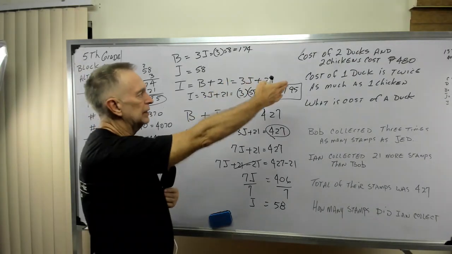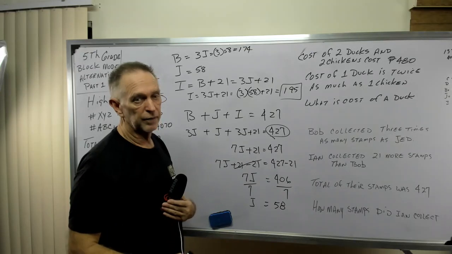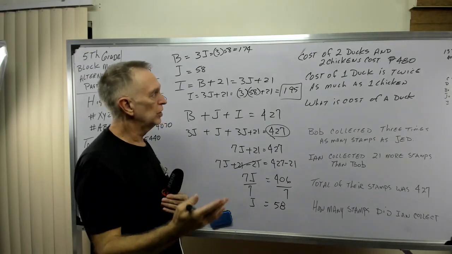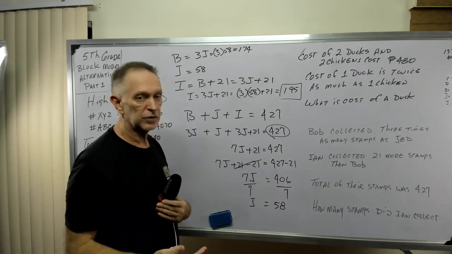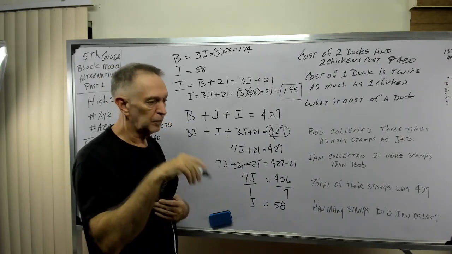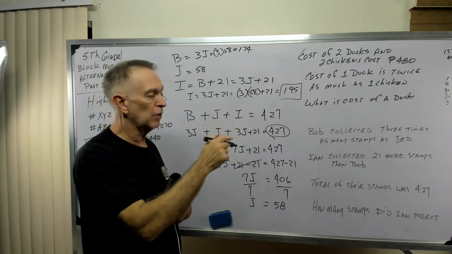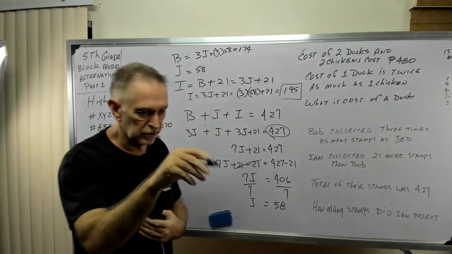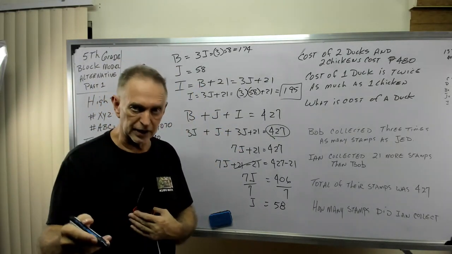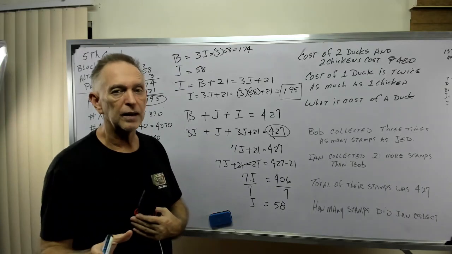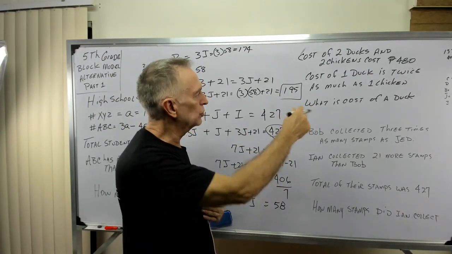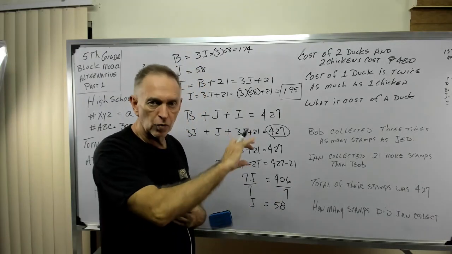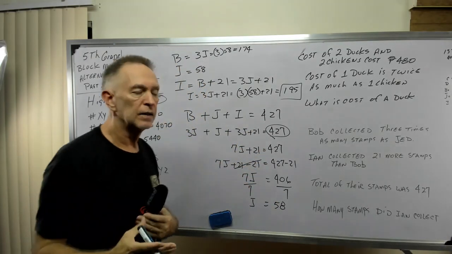In the other case, they told you what the variables were. 2 ducks plus 2 chickens cost 480 pesos. 2D plus 2C, and you could even write it out: 2 times ducks plus 2 times chickens equals 480. And then duck, D-U-C-K, equals 2 chickens. If you want to write the full word, that's okay.